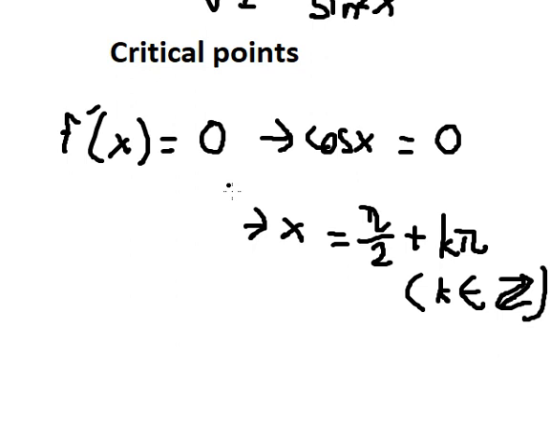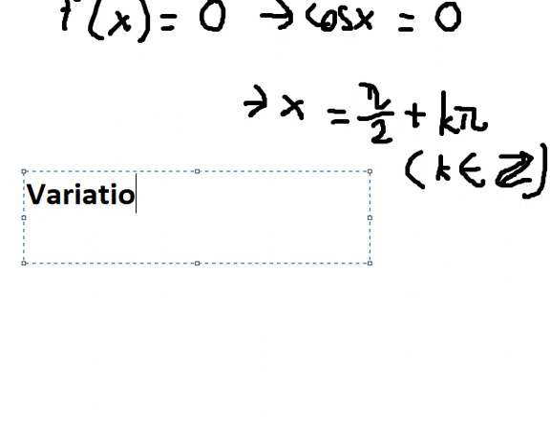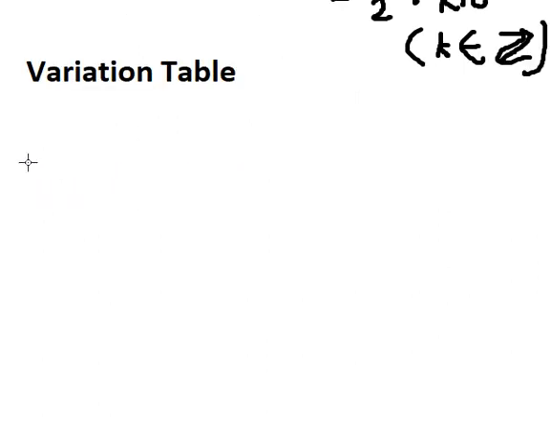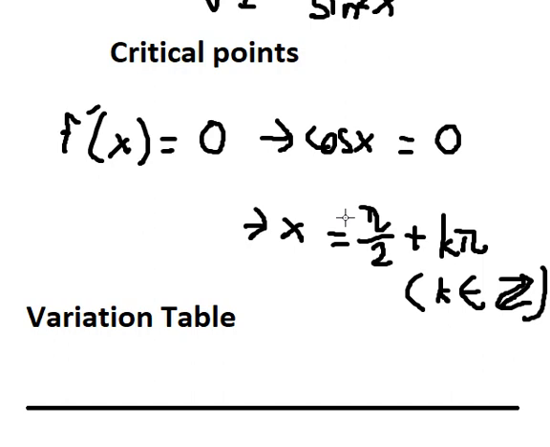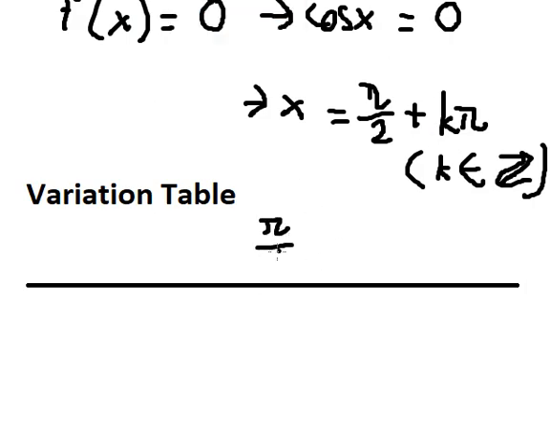So in this situation we can draw a variation table. I will select k equals 0, so we have pi over 2, and k equals 1, so we have pi over 2 plus pi, which is 3 pi over 2.